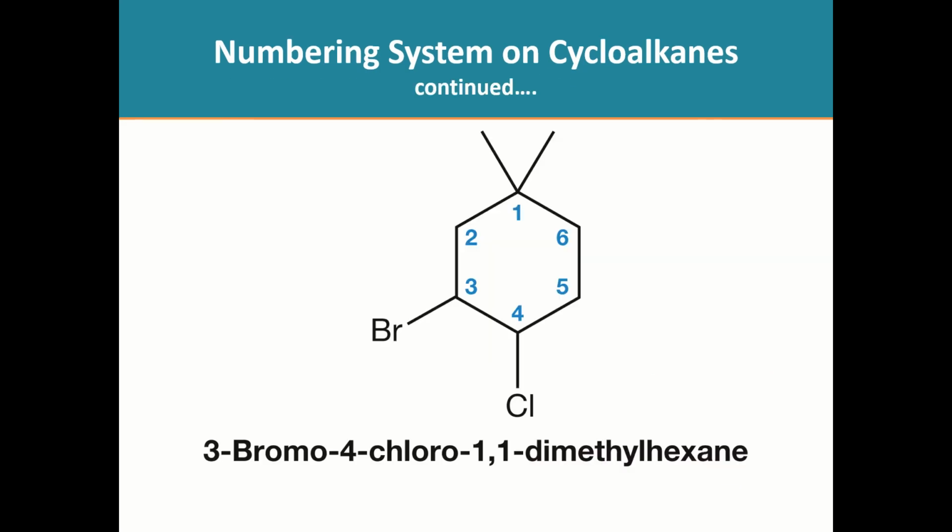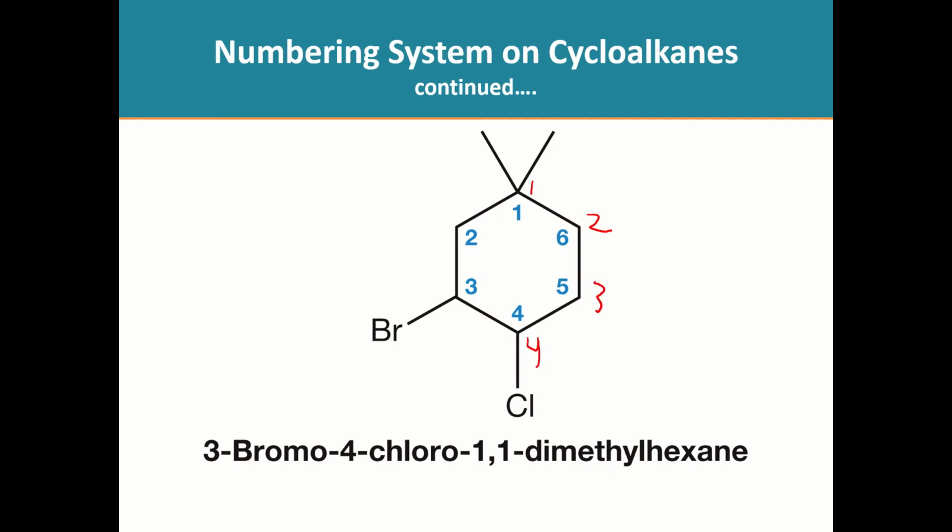So in this particular example, we see that the carbon that's going to be called number 1 is going to have 2 substituents on it, and that's what we see. And we numbered counterclockwise because if we go counterclockwise, we will hit the second substituent with a number 3. Instead of if we went clockwise, we would have reached it in what? 1, 2, 3, 4.